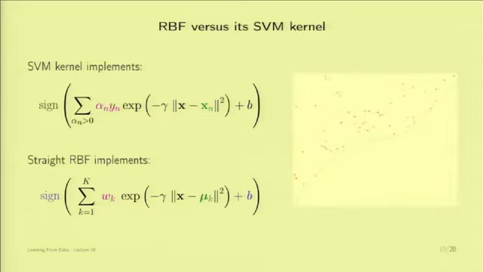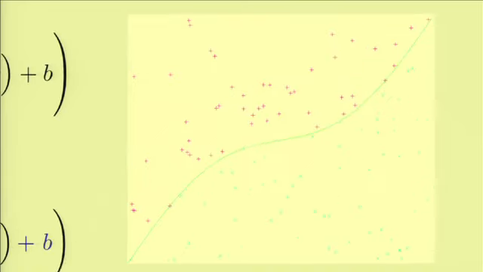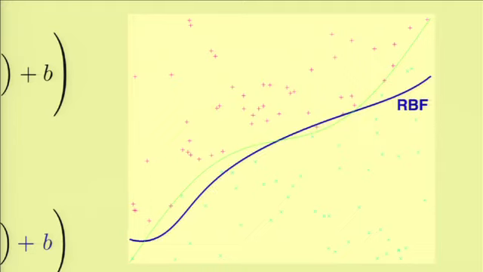So this is the data. Let me magnify it so that you can see the surface. Now let's start with the regular RBF. Both of them are RBF, but this is the regular RBF. So this is the surface you get after you do everything I said, the Lloyd and the pseudo-inverse and whatnot.